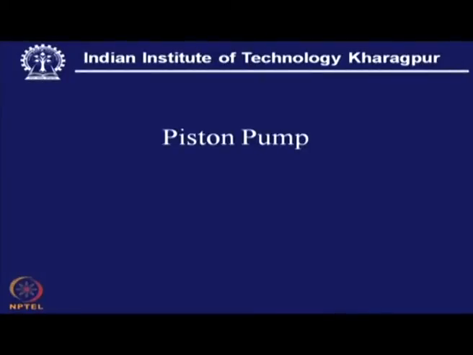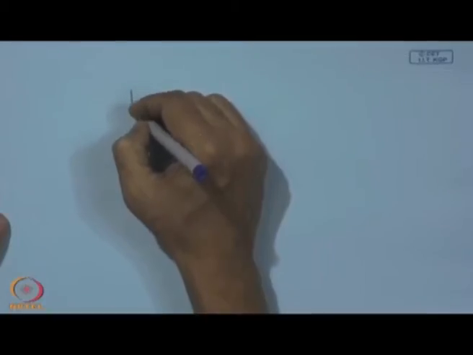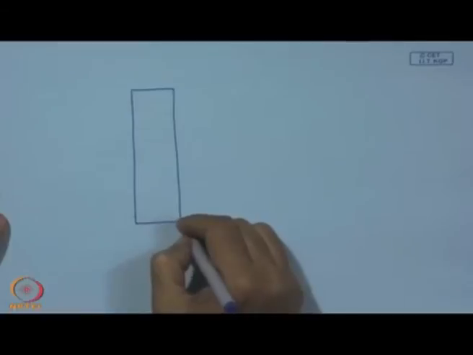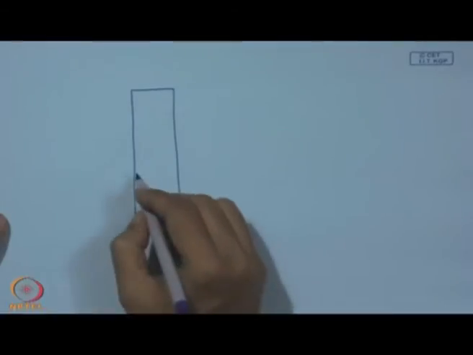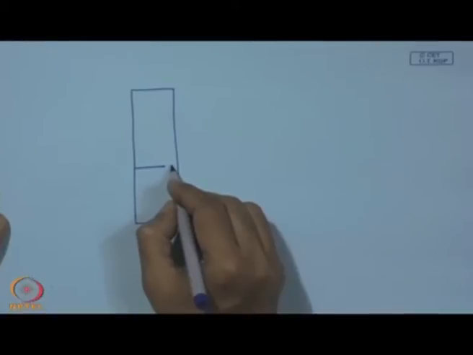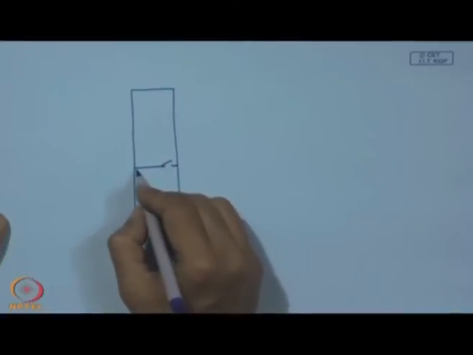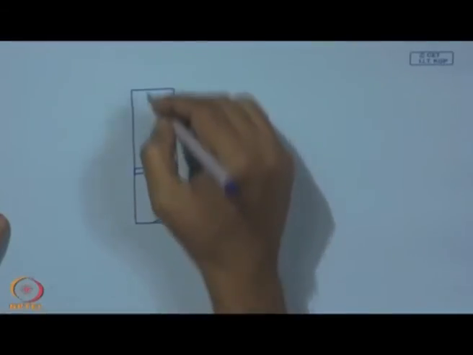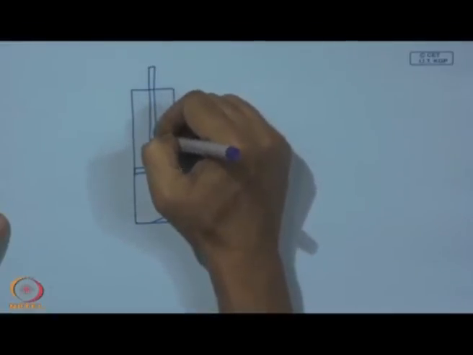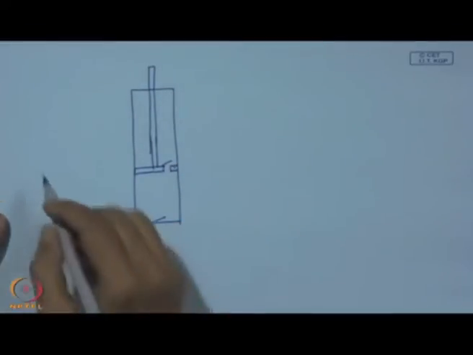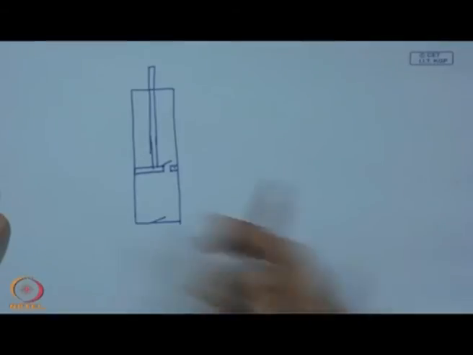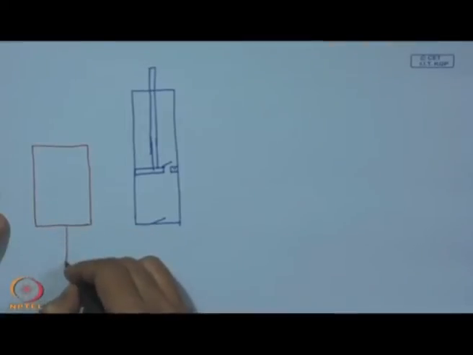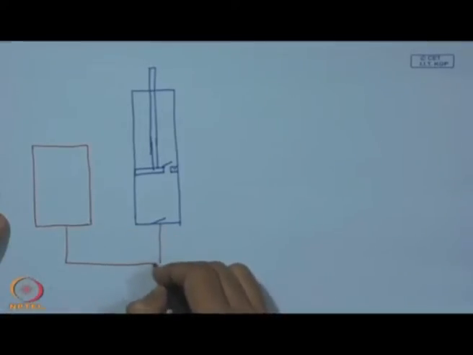Now, let us look into the piston pump. A piston pump is just like a barrel, and here we have one valve, and then we have this piston, and this piston can also have another valve, and it can reciprocate. Here we have the vessel to be evacuated, connected with tubing, with plumbing, to this point.